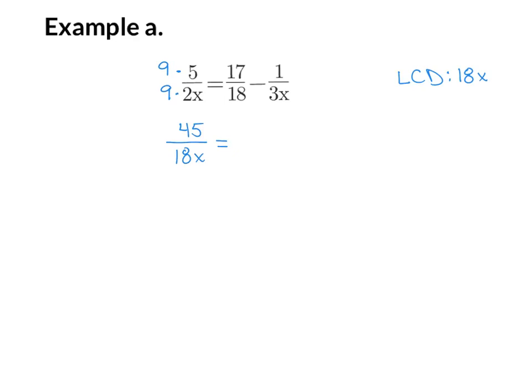The second term, we have the 18, we are missing an x, so I'm going to multiply by x. We get 17x over 18x. And the last one, in order to get from 3x to 18x, we want to multiply by 6. So we get 6 over 18x.